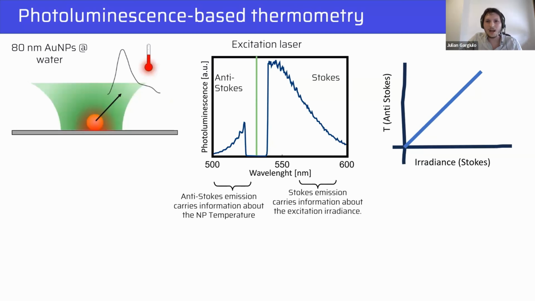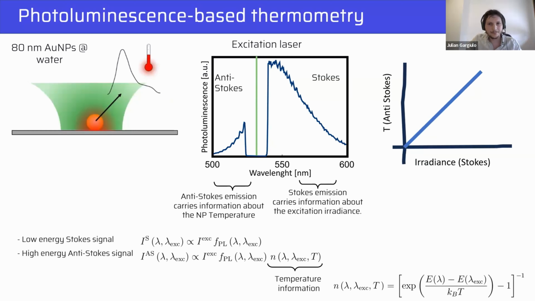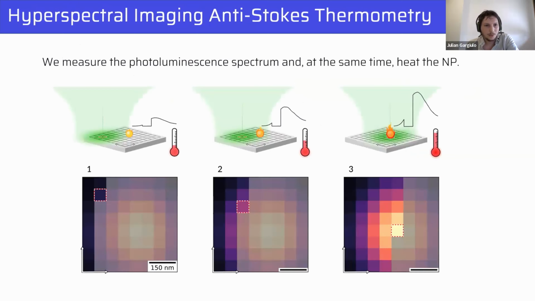Okay, how do we get this information? What we do is we use the same laser to excite the photoluminescence, and then we do a raster scanning of the nanoparticle through the focus of our beam.